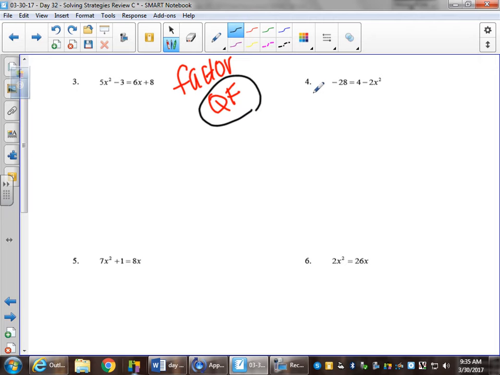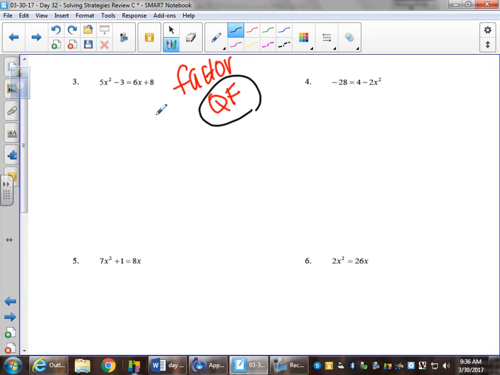Thank you. All right, Josh, what do we have to get this set equal to before we start? 0. So what am I going to do? How do we get this equal to 0? You have multiple options.